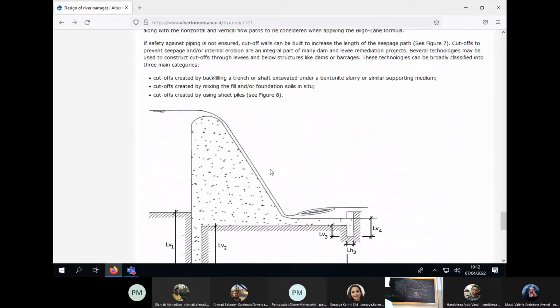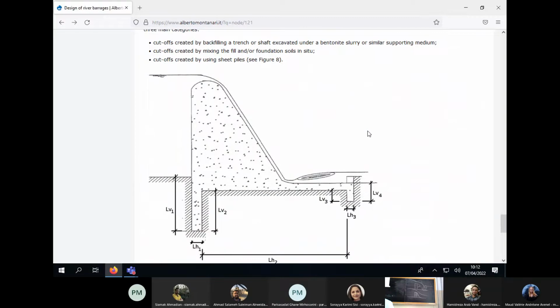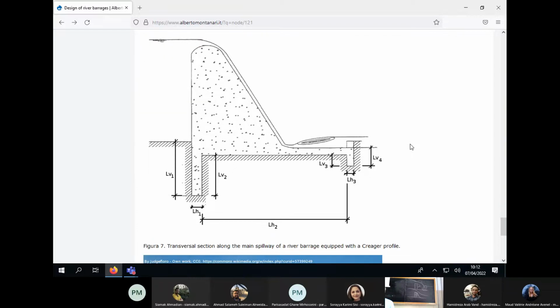Now, second problem with the structure: if you have water pressure upstream, you have to avoid piping. What is piping? Piping is infiltration of water beneath, under the structure.